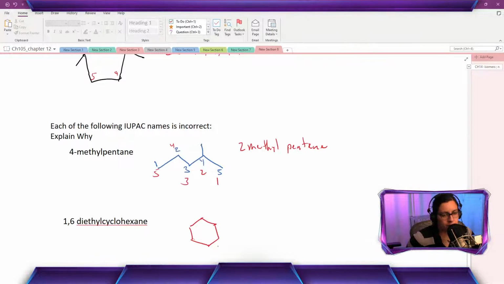There I have hexane, or my cyclohexane part.